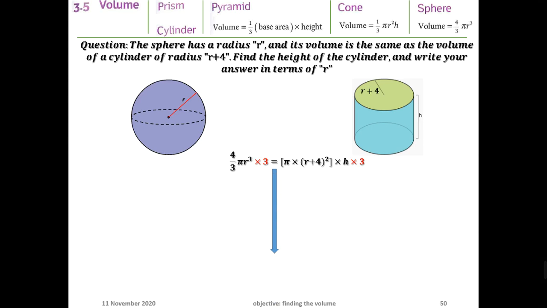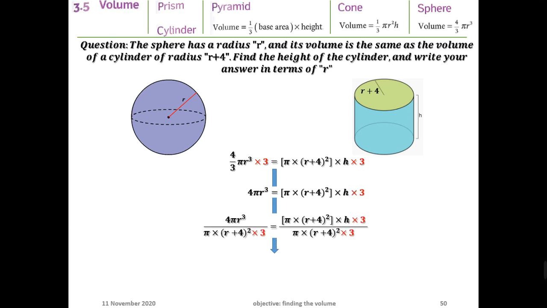So we are going to divide all by 3 times pi times r plus 4 inside brackets to the power of 2. Why did we do that?